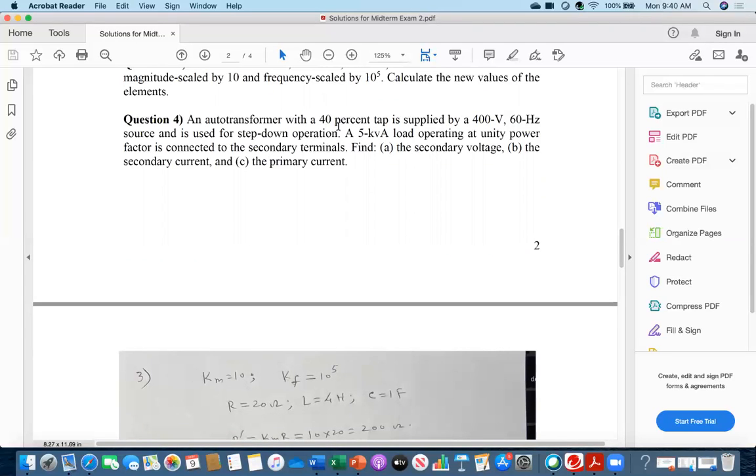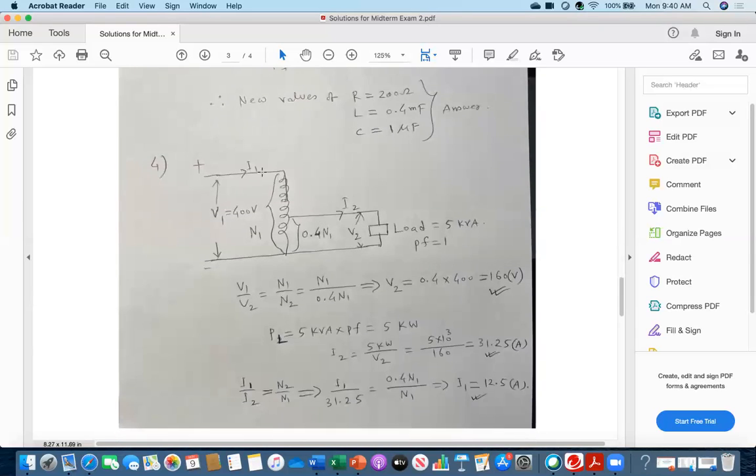If the total number of turns is N1, then the tapping is at 40%, so the secondary turns are 40% of N1. That's why I have written 0.4 N1. And my applied voltage is 400 volt, which is V1.